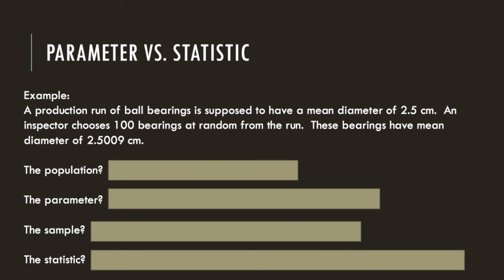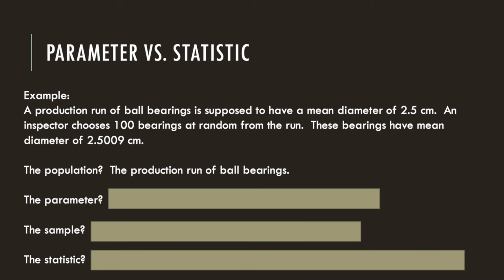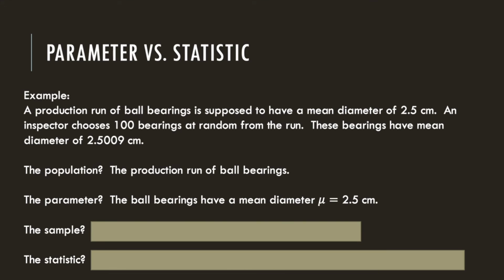Okay, hopefully you figured out the population is the entire production run of ball bearings. And notice we don't know how many there are. It's not given to us, so sometimes that is true. The parameter is the mean of the entire production run of ball bearings, which is mu equals 2.5 centimeters.